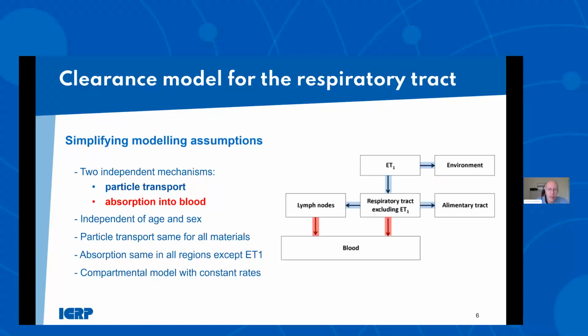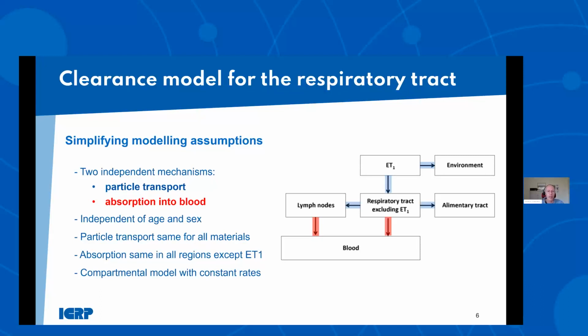So the clearance mechanisms, there are mainly 2 main pathways. One to describe the movement of the material from the respiratory tract into the alimentary tract and the lymph nodes, which is called particle transport, and transfer into blood, which is called absorption into blood. So these 2 mechanisms are assumed to be independent of age and sex. This is an important simplification.